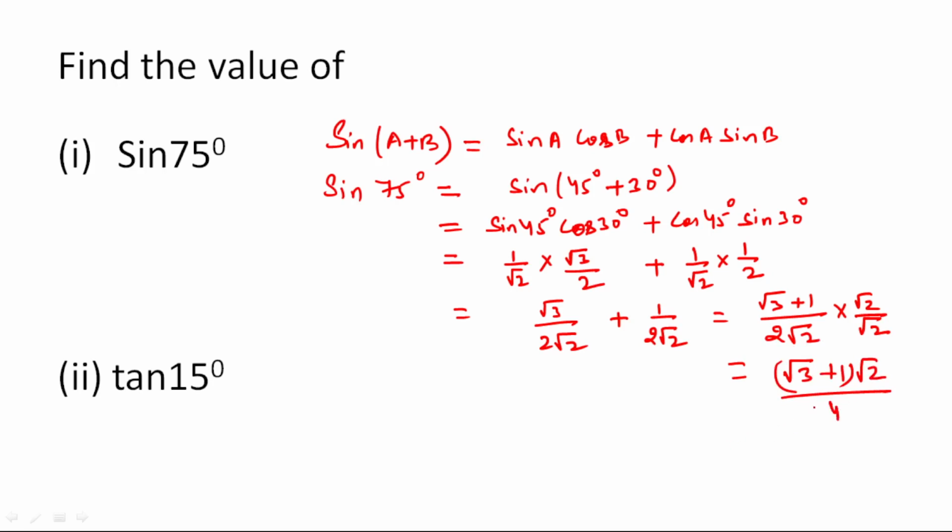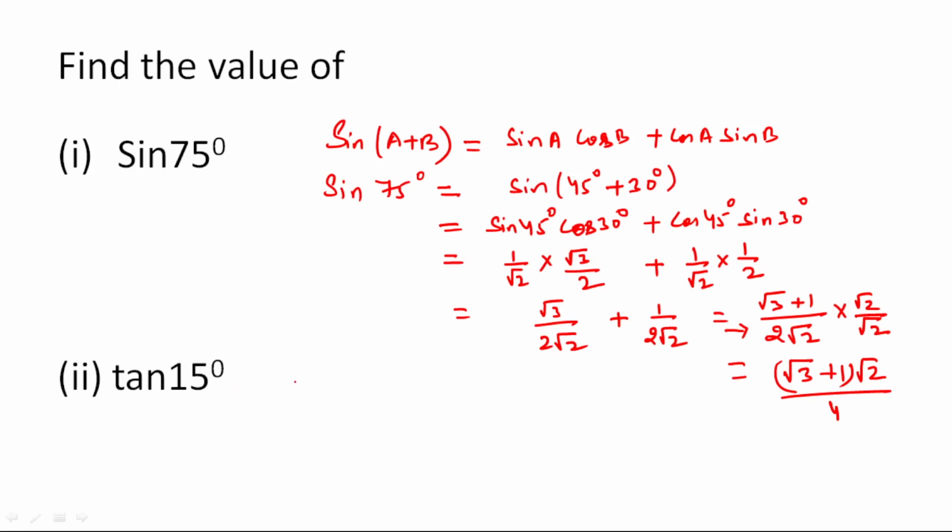We can keep it like this, or we can also write root 3 plus 1 by 2 root 2. There will not be any problem. If we want, we can substitute root 3 as 1.73 and root 2 as 1.414 and further find the decimal. But even if we stop here, there will not be any problem. We will get full marks.